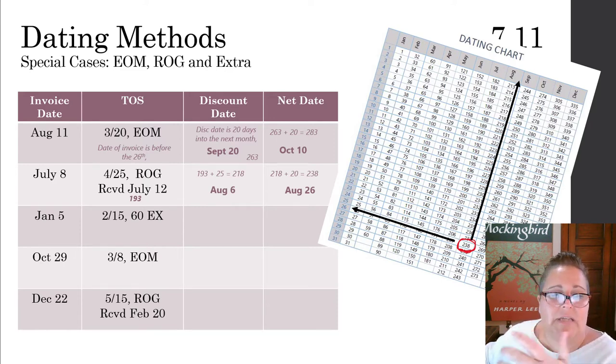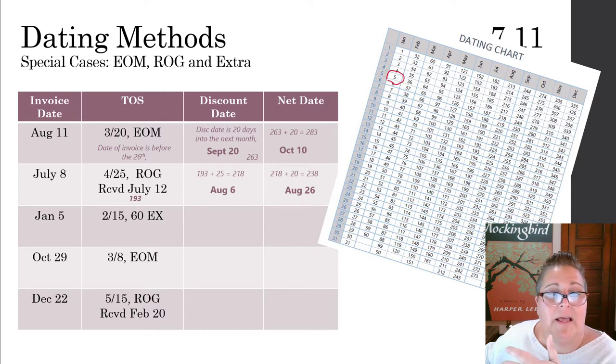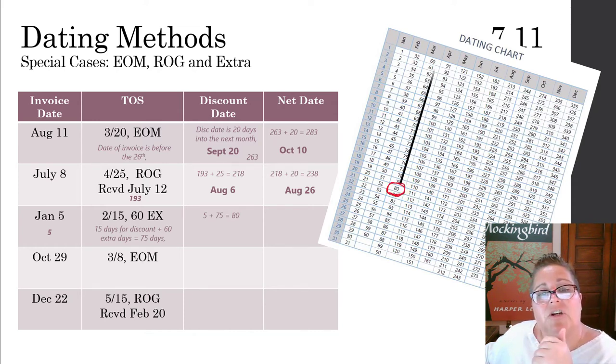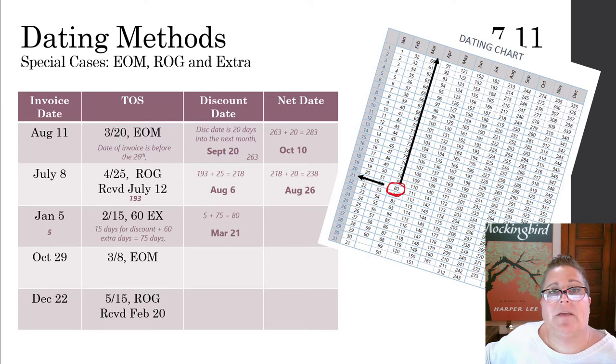So the discount date, which was 15 days from January 5th, is now 15 days plus 60. January 5th, by the way, is day 5. So we're going to do 5 plus 15 plus the 60. So we're going to have day 5 plus 75 extra days. That's day 80. If I find day 80 on the chart, that's up to March and over to 21st. So my discount date is March 21st.